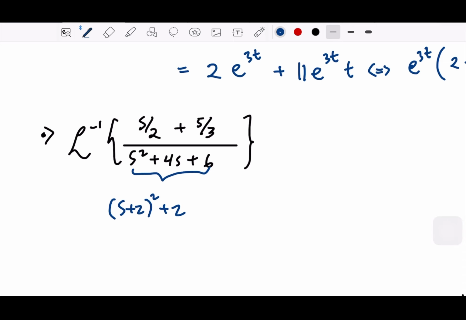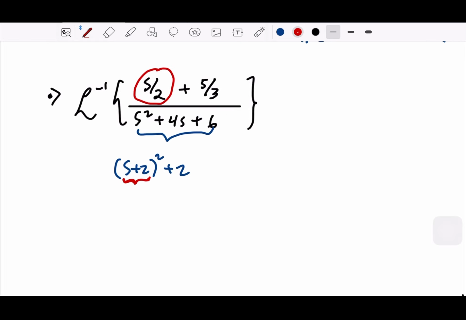Now what we are going to do next is see whether the numerator has something to do with s plus 2. First, the s over 2 part. If we take half of (s plus 2), what will it be? It will be s over 2 plus 1.